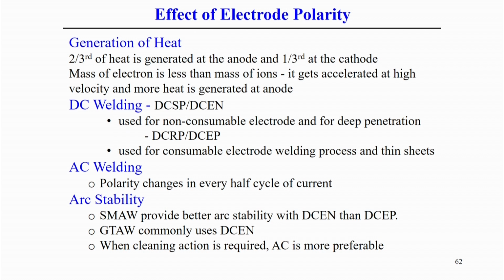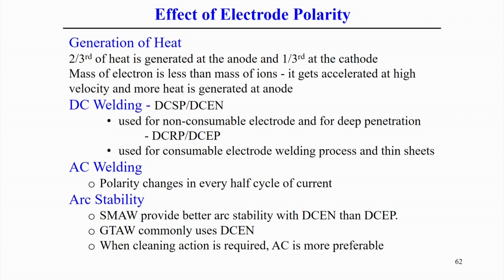Now, depending upon the application or type of welding process, we can use different types of polarity. For example, in DC welding we can use the direct current straight polarity, or direct current electrode negative, both are the same. Straight polarity means the electrode is negative and the workpiece is positive.